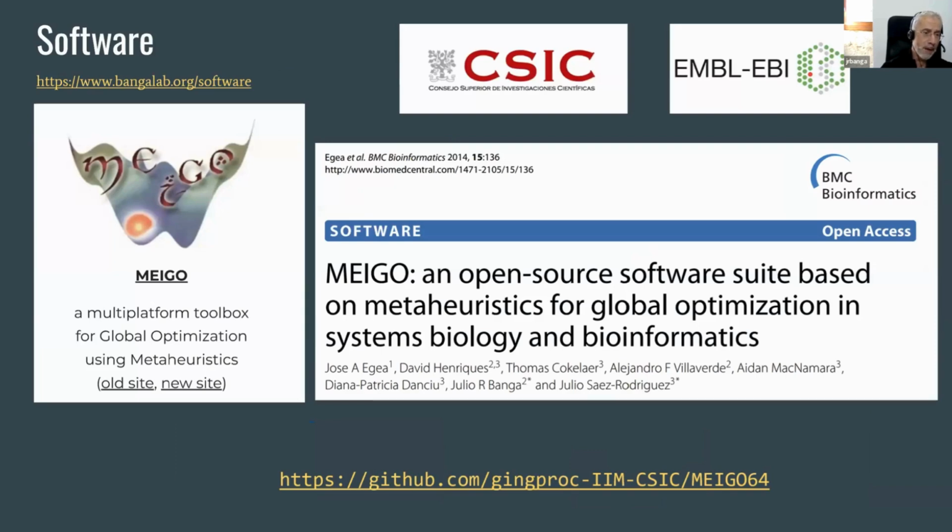The main paper where MEIGO was described was written more than 10 years ago already. And this was a collaboration between our group at CSIC and the group of Julio R, who at that time was at the European Bioinformatics Institute near Cambridge in the UK.